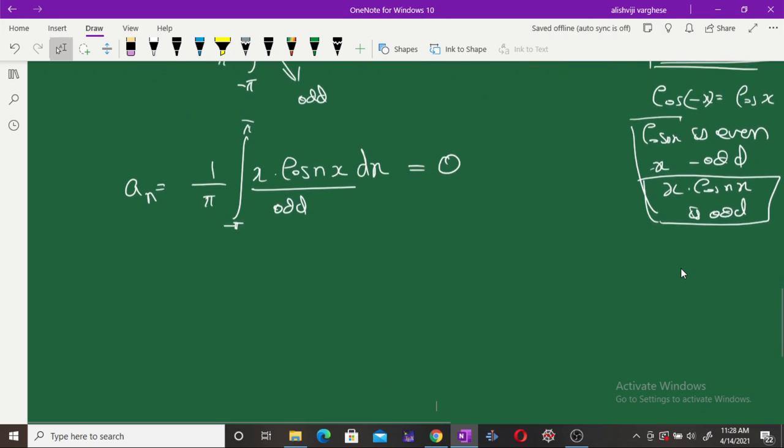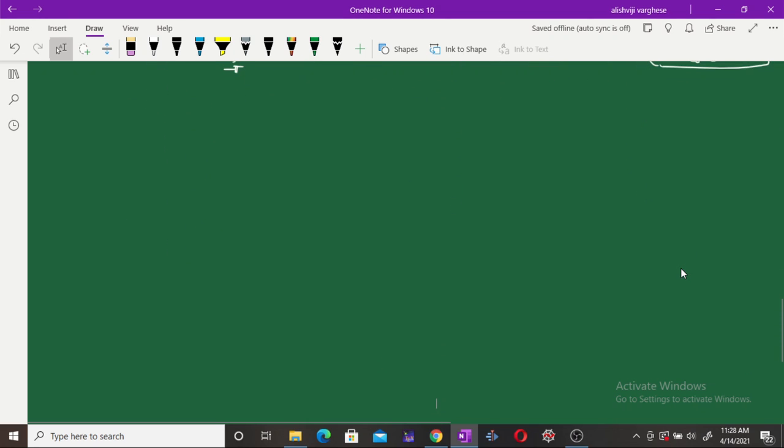So this integral is equal to 0, and now the remaining Fourier coefficient is bn. Bn is again 1 by pi into integral minus pi to plus pi x into sine n x dx. So it is sine n pi x by L dx, L is equal to pi, so it is sine n x dx. And we can evaluate this using integration by parts. So 1 by pi is a constant, just keep it there.